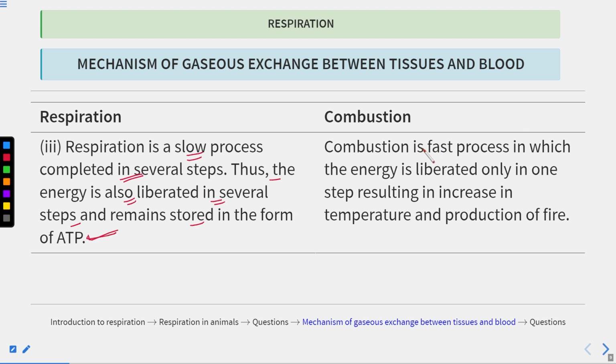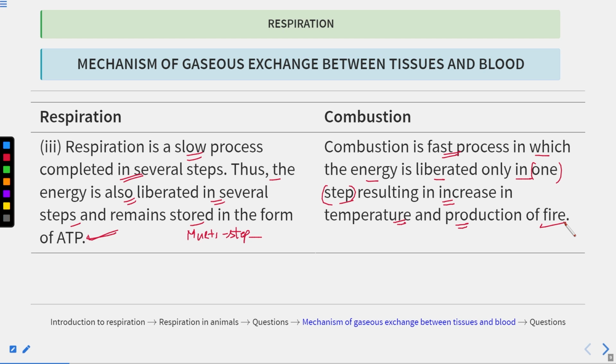Whereas combustion is a very fast process in which the energy is liberated in only one step. Okay, so it is not a multi-step process, whereas respiration is a multi-step process. Whereas combustion is very fast and the energy is released in just one step, resulting in an increase in the temperature and the production of fire.